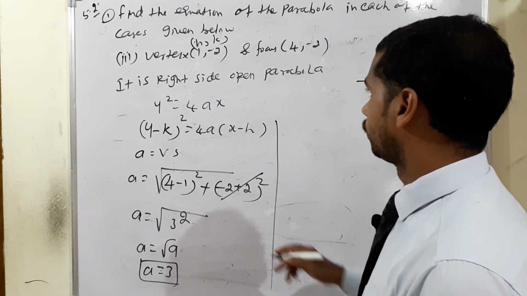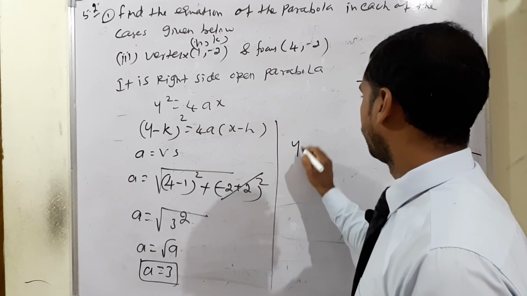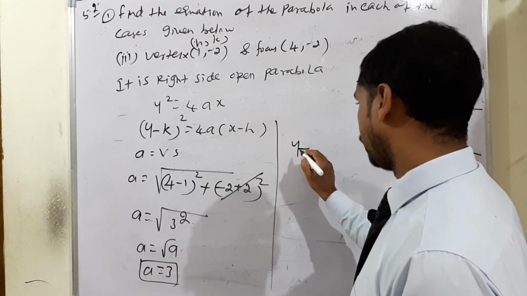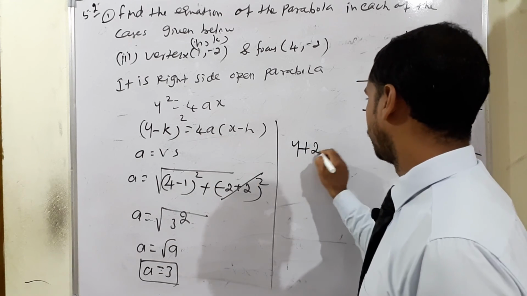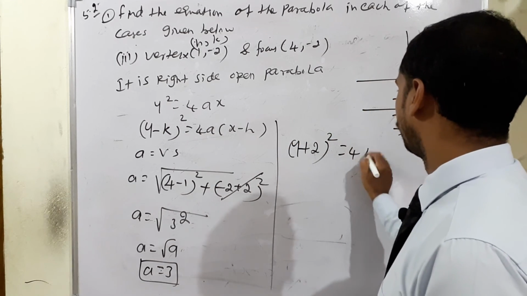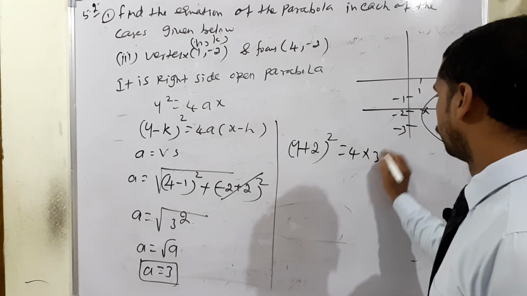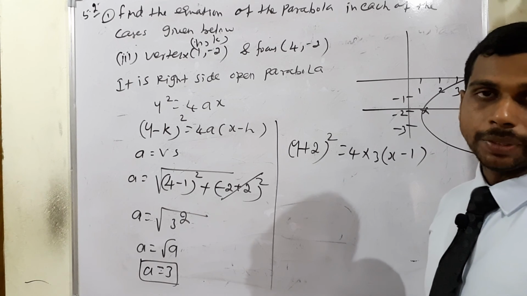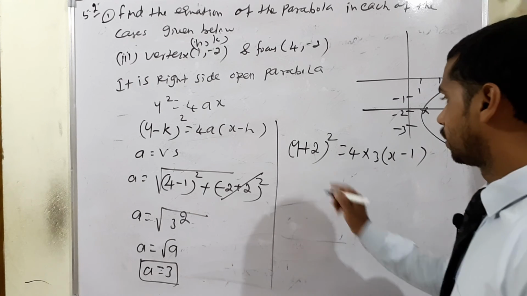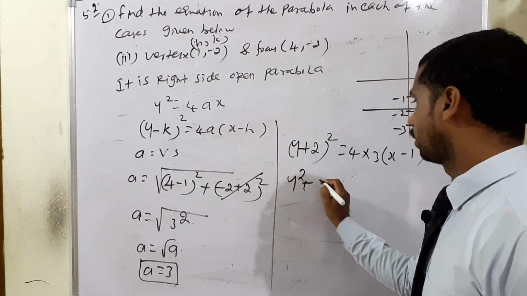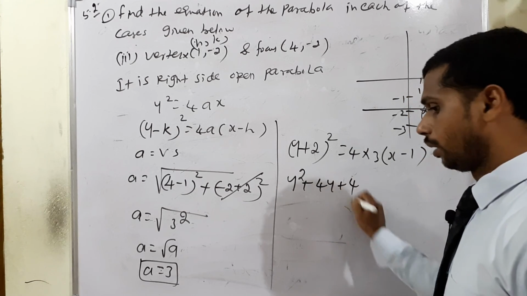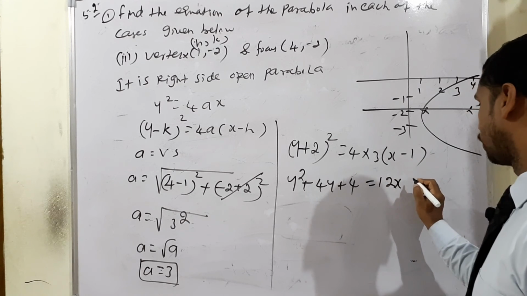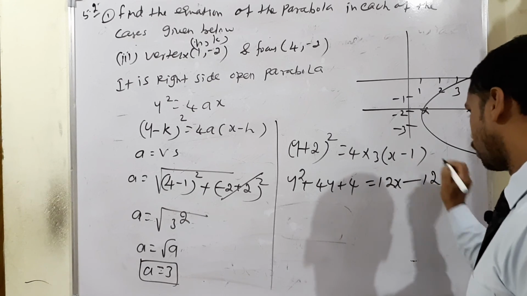After getting the a value, now we can apply y minus k. We already know k is negative 2, so y plus 2 the whole square is equal to 4 into the a value 3, that is 4 into 3, then (x minus 1). Now (a plus b) the whole square is a square plus 2ab plus b square. So we can write y square plus 4y plus 4 is equal to, if you remove the bracket, 12x minus 12.